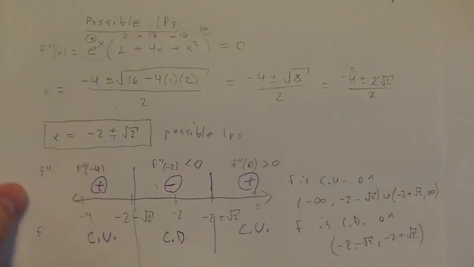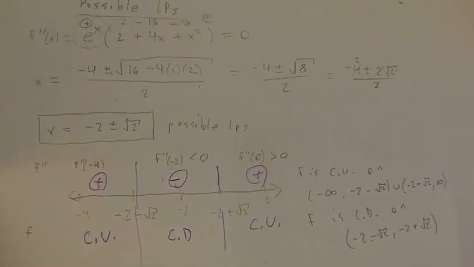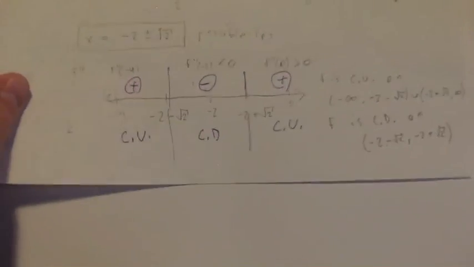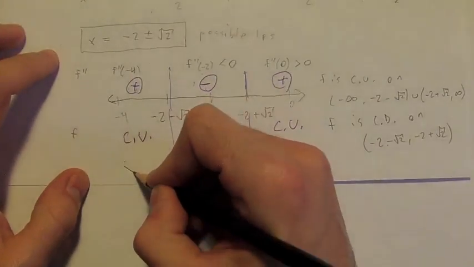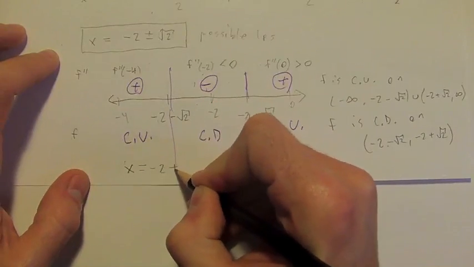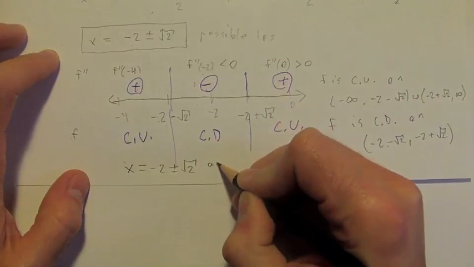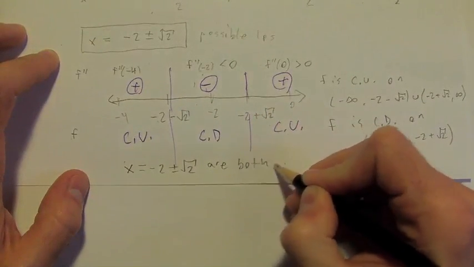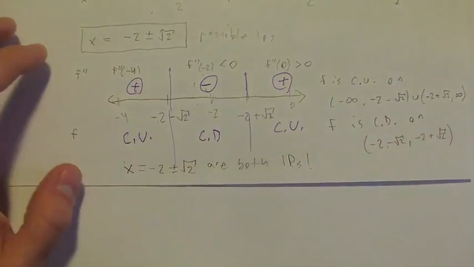Meaning that x equals negative 2 plus or minus the square root of 2 are both inflection points.